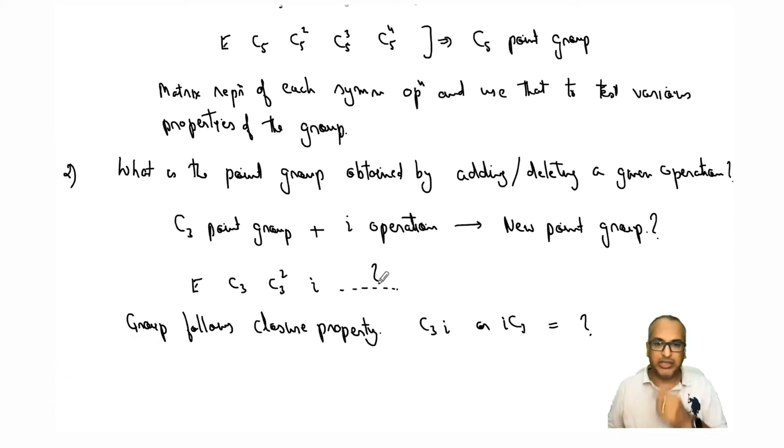Let's say we have some molecule which is of C3 point group. Now, if we are adding the I operation, how do we change the molecule? What is the symmetry of the new molecule? That is impossible to predict.